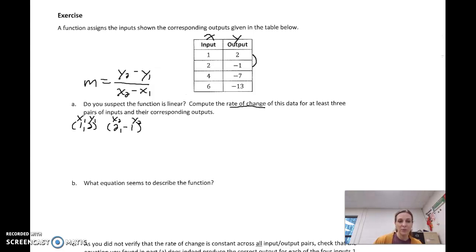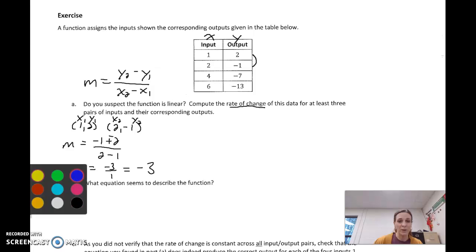Putting it in the formula, the difference in my y's is negative 1 minus 2, over x sub 2 minus x sub 1, 2 minus 1. Negative 1 plus a negative 2 is negative 3, over 2 minus 1, which is 1. We get negative 3. So the first one's negative 3.